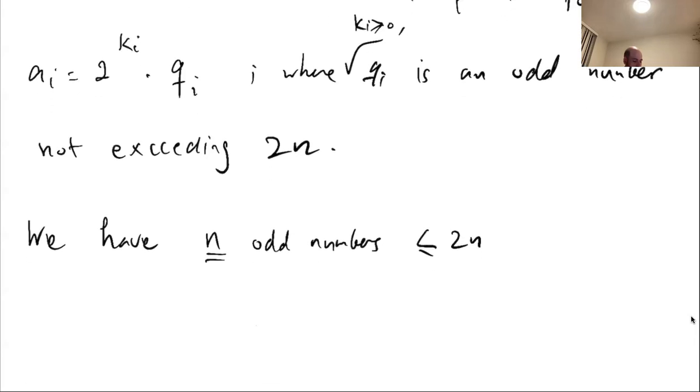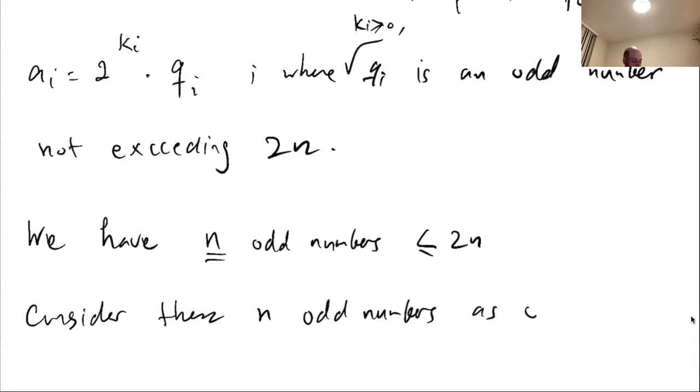So consider these n odd numbers as our boxes. See, now the pigeonhole principle is starting to appear.